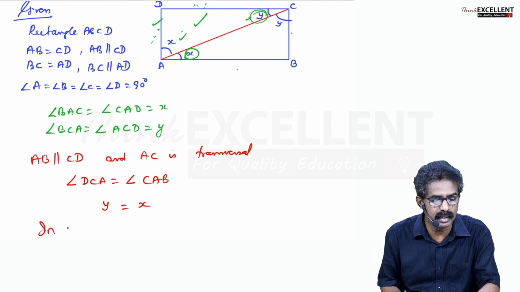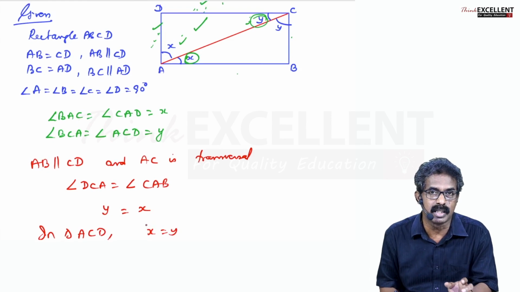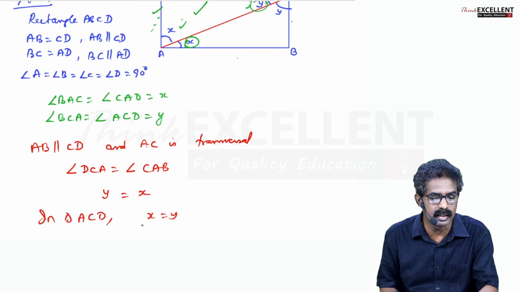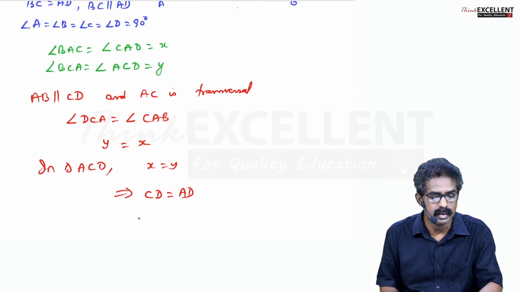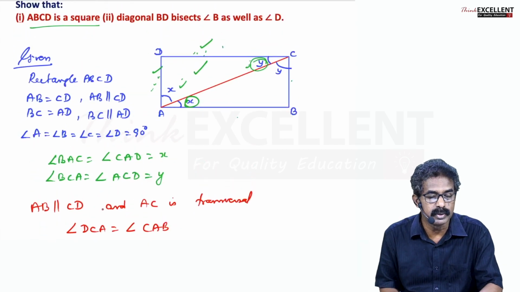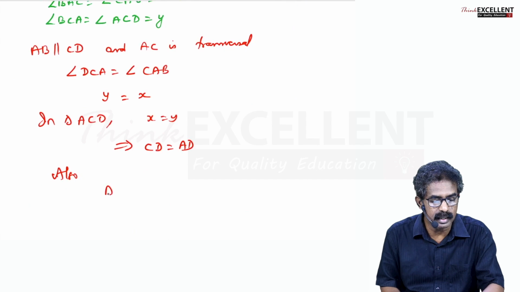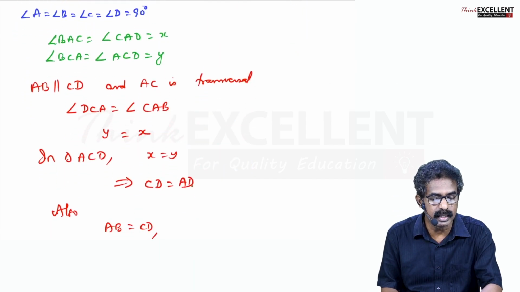So in triangle ACD, X equals Y, which implies the sides opposite equal angles are equal. So CD equals AD. Already you know opposite sides are equal: AB equals CD, and BC equals AD.